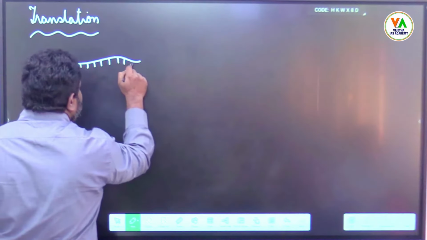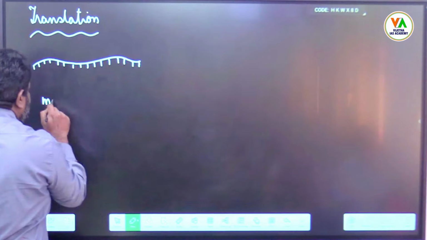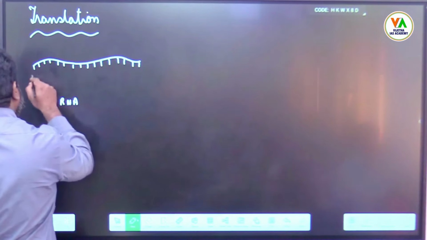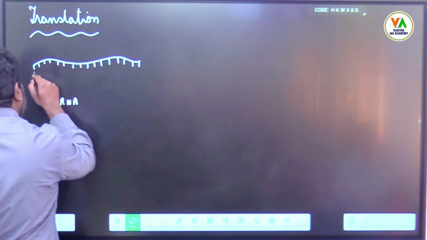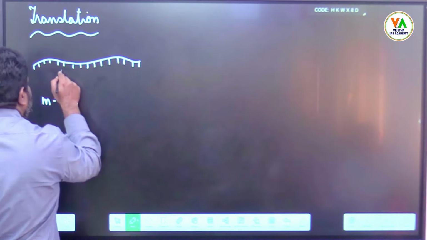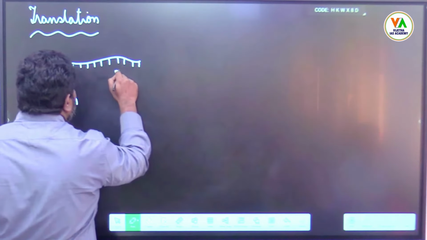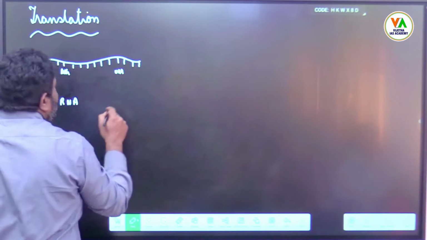This is messenger RNA. Each one is a codon. Okay, so this is maybe AUG. And somewhere you will have UAA or UAG.